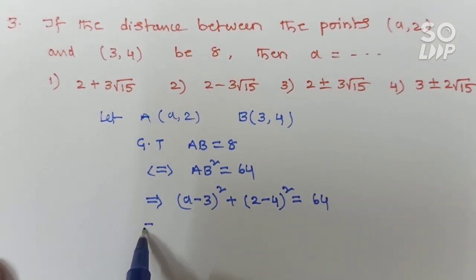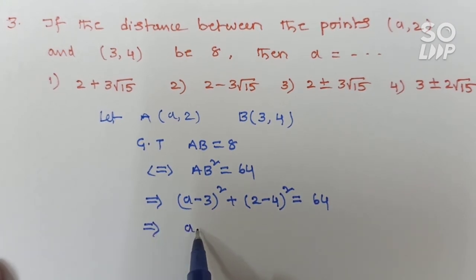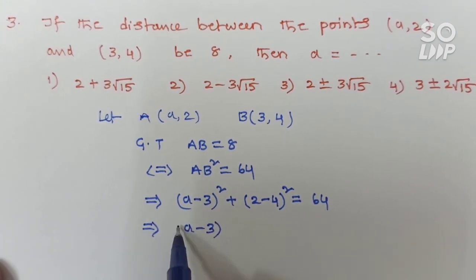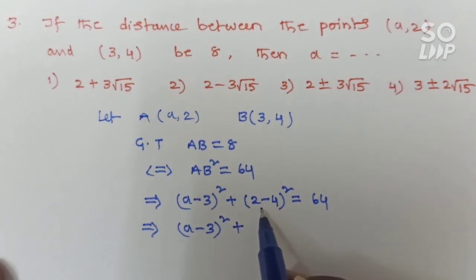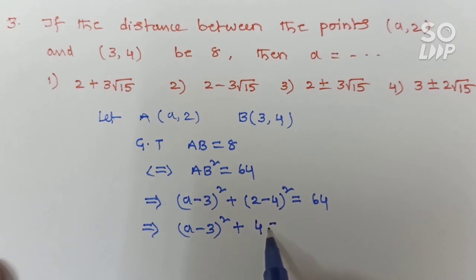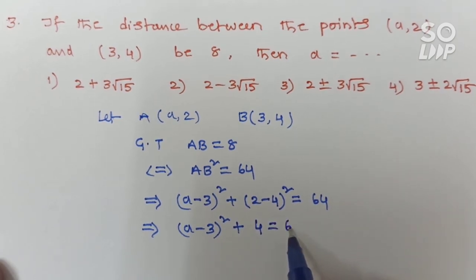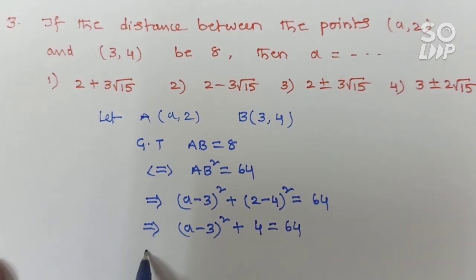From this we can write (a minus 3) whole square plus minus 2 whole square, that is plus 4, is equal to 64.